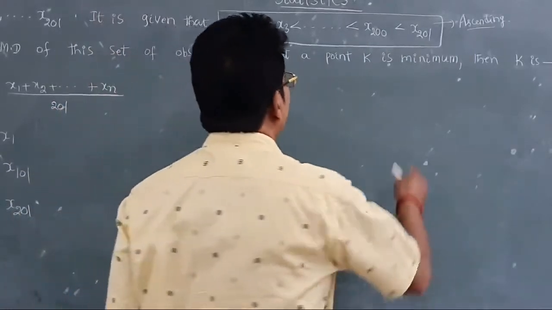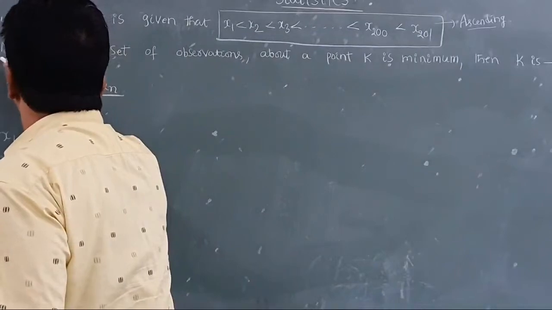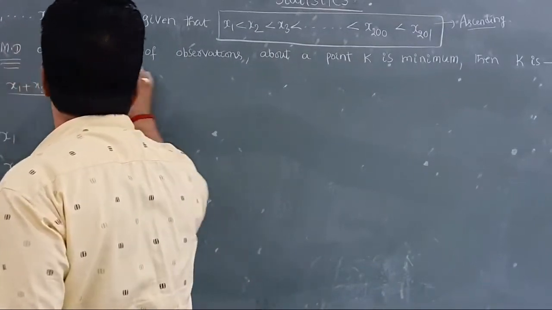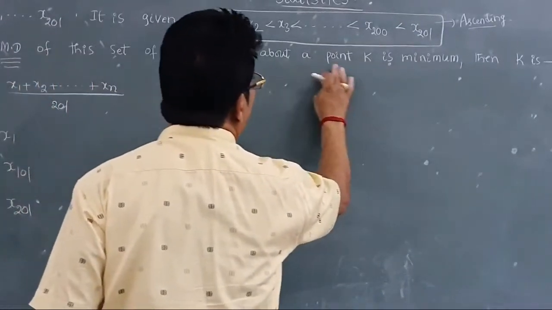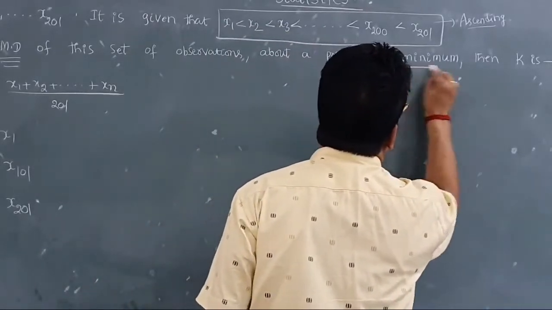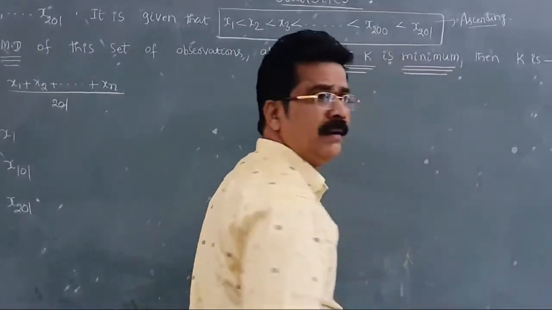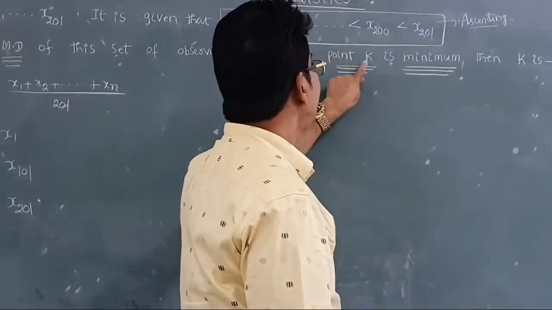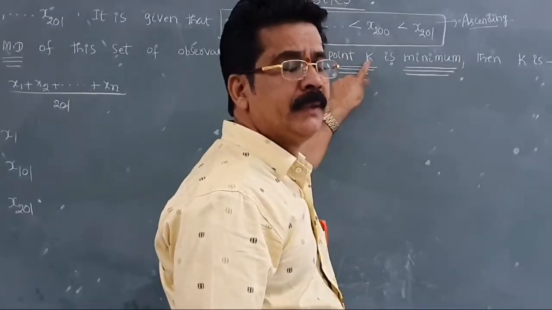Okay, right. Then the MD, mean deviation of this data about the point K, is minimum. Then what is the value of K?